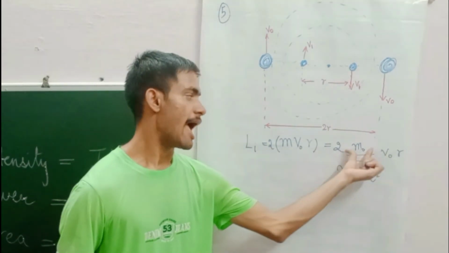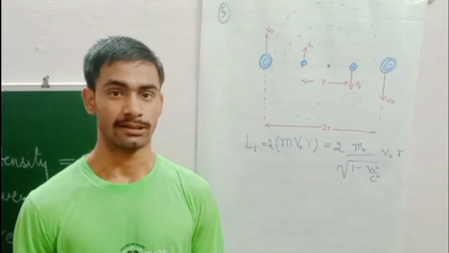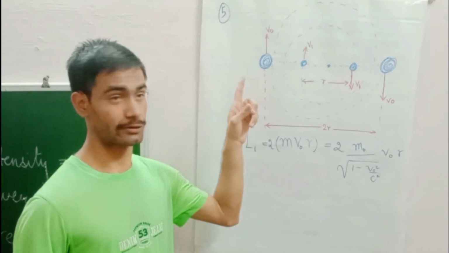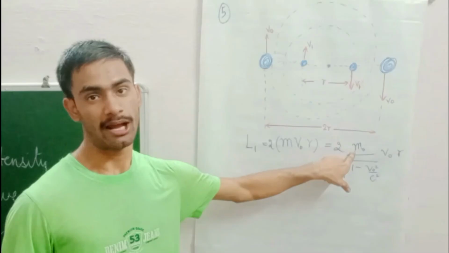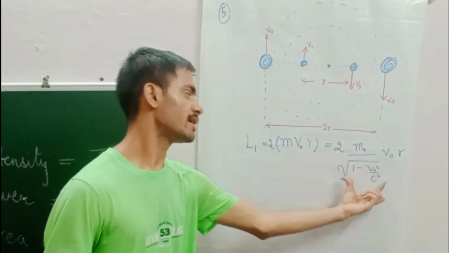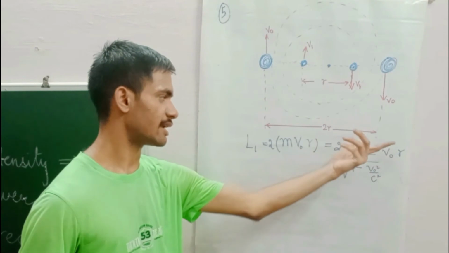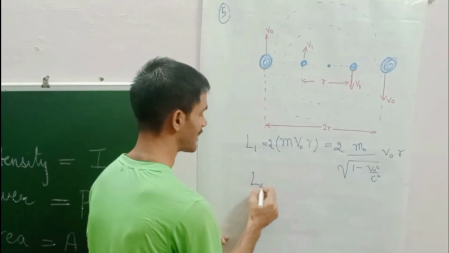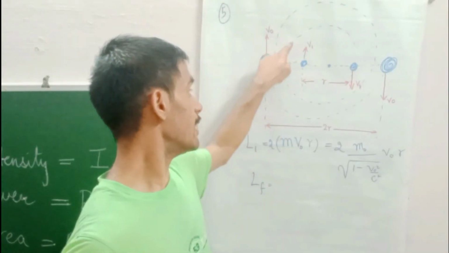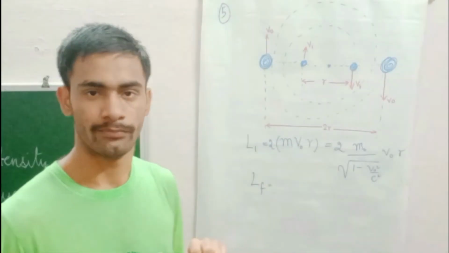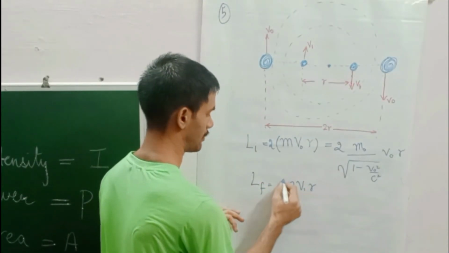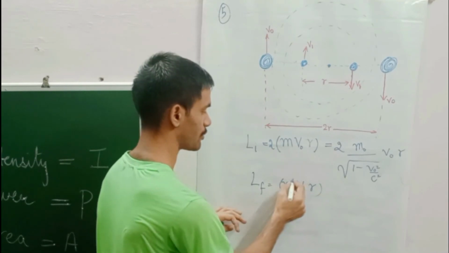Why is this so? M naught is the rest mass. That means if it were at rest with respect to an observer, its mass would be m naught, and as it is moving with speed v naught, its new mass would be this much. And for L final, the instant at which we are observing, when they are a distance r apart, again you can write it as m times v dash r, or m dash or m prime.